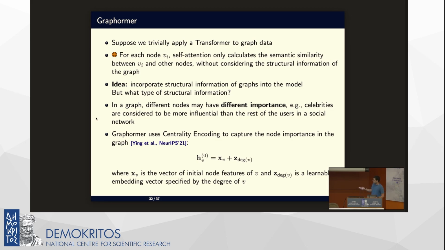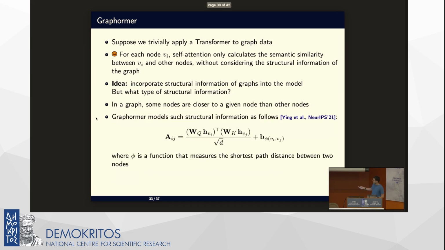Also, this model introduces this scalar into the formula that computes the attention coefficients. In fact, B is a vector and phi is an index to that vector. And phi computes the shortest path distance between the two nodes, nodes i and j.